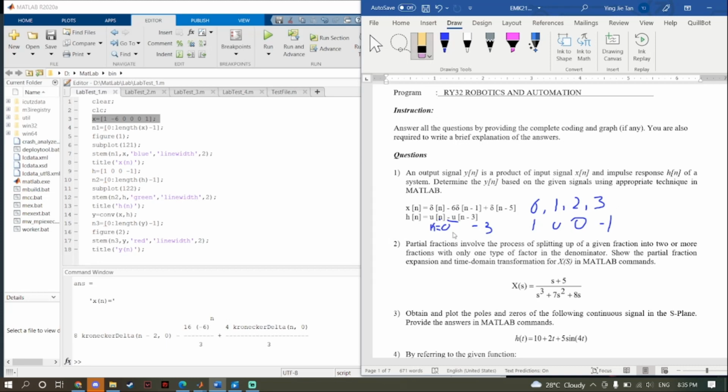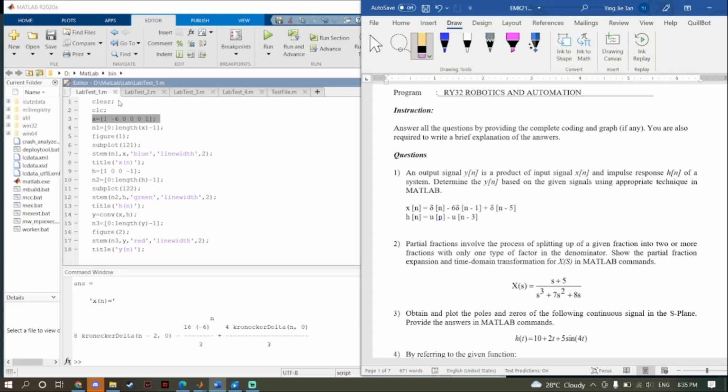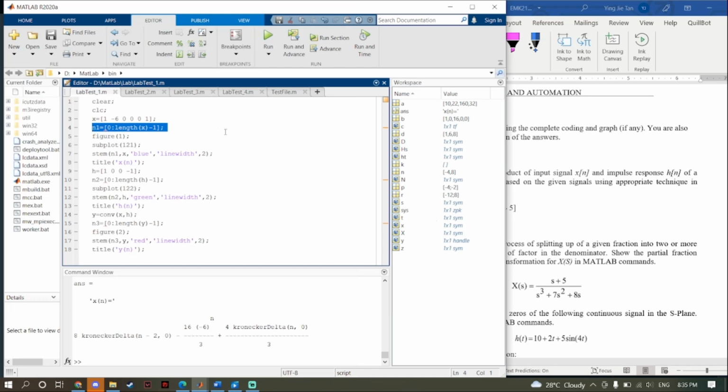After getting your information, you can code just like this. This is the formula, and then we create the time frame to create the signal later in the graph. About figure 1, it will pop out a window.